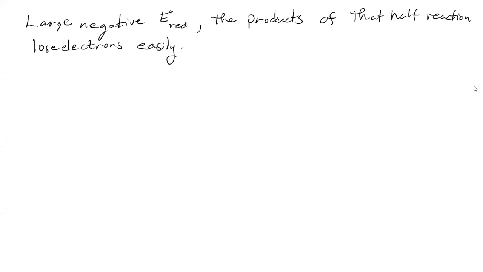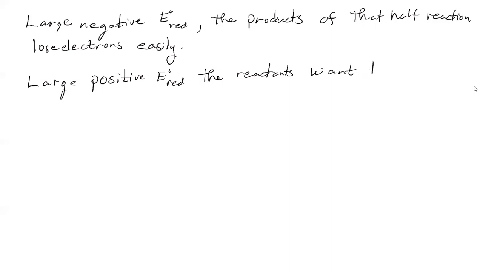If they have a large positive E0 reduction, the reactants have a large pull on electrons. They gain electrons. I get energy off when they gain electrons. So I'm going to say they want to gain electrons.